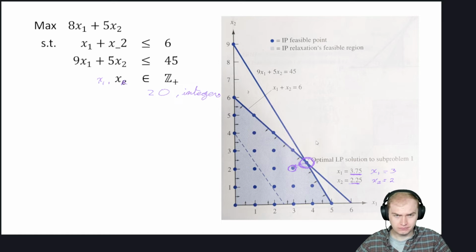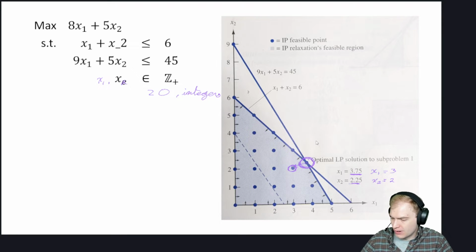So we need a systematic way of finding these solutions. Now, the book proposes two ways: cutting planes and branch and bound. I'm going to talk about branch and bound today, and cutting planes either tomorrow or Friday. So let's get to it.